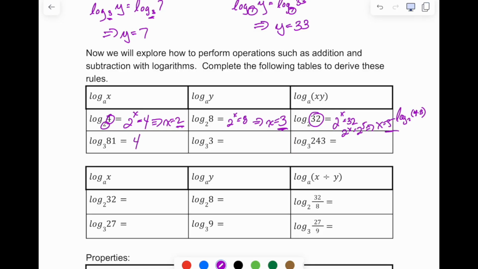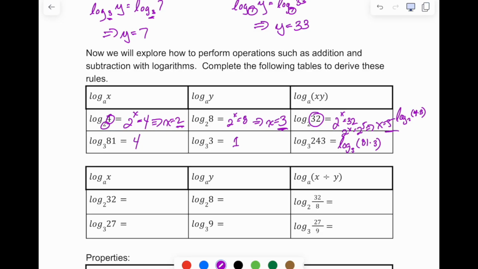In other words, 3 to the power of 4 is 81. Log base 3 of 3, well, that's just going to be 1. So here we're going to say log base 3 of 243. Yes, this is the same thing as log of 81 times 3. Okay, but let's work it on our calculator.